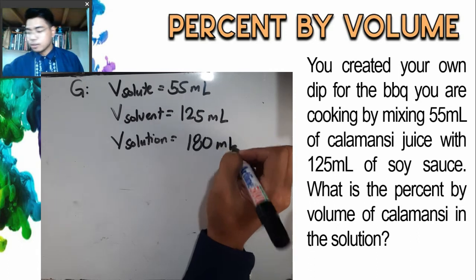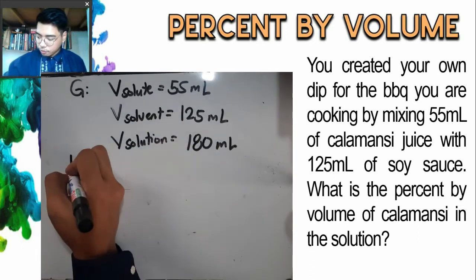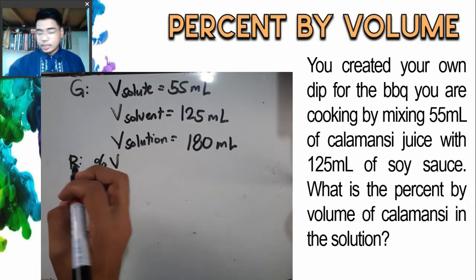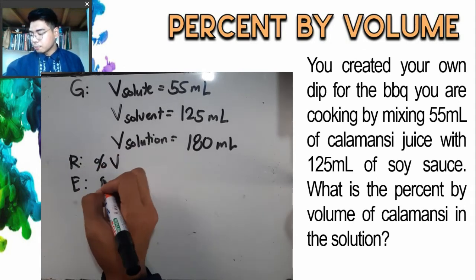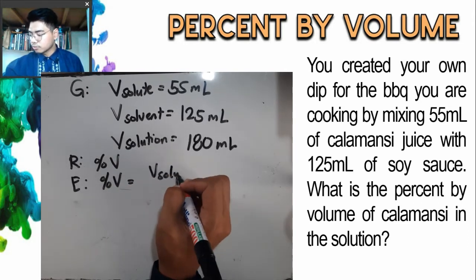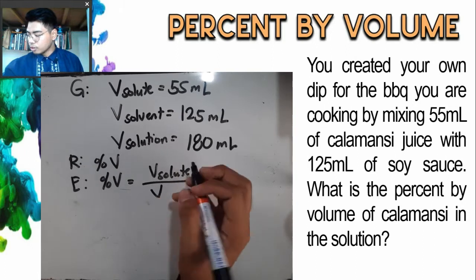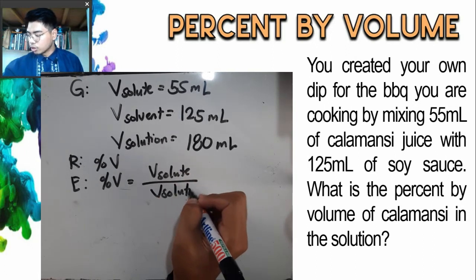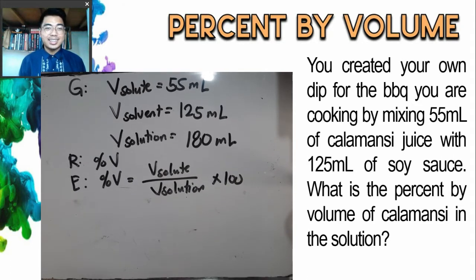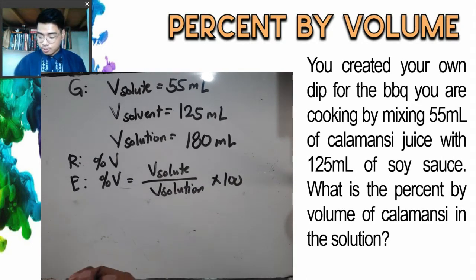Then the volume of the solution is equivalent to 180 milliliters. For the required, we are looking for the percent by volume. Then, our equation: percent by volume is equivalent to volume of solute over volume of solution times 100. Okay, still this would be the formula that we are going to use.